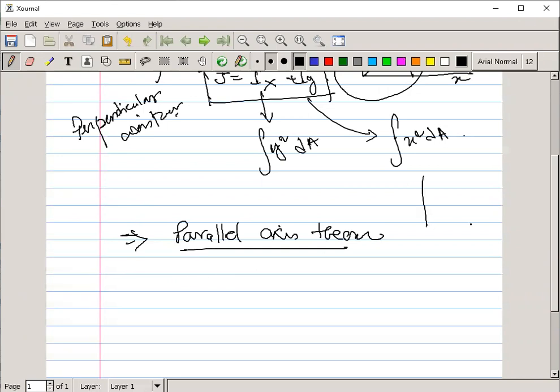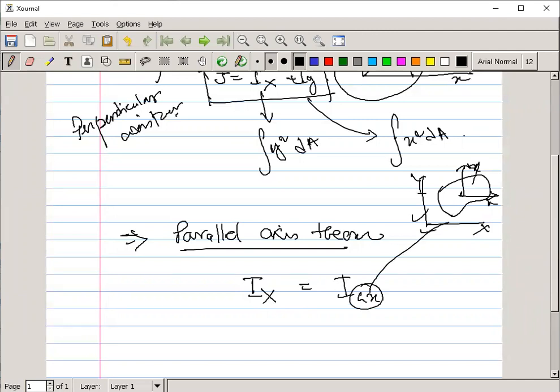If we take any body with an axis passing through the centroid, then with respect to the capital X and Y axes, I of x is I of gx, where gx is the axis passing through the centroid of that body, plus the area into the distance squared, which is denoted here as a, and this is b.